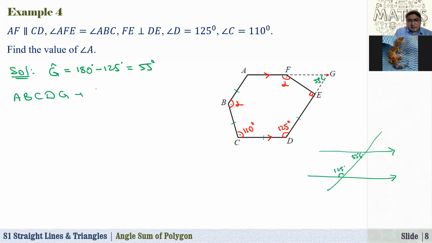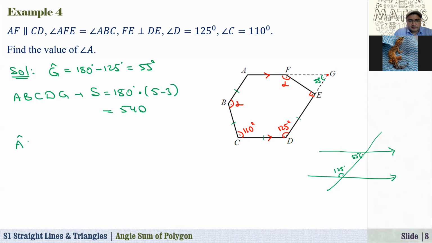And the sum of the interior angles of this pentagon is 180 times 5 minus 2, which is equal to 540. So at the same time, what is the sum of these angles? It is angle A.